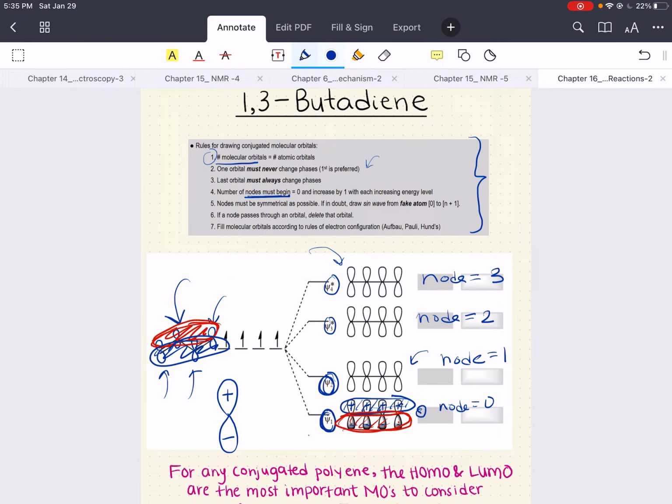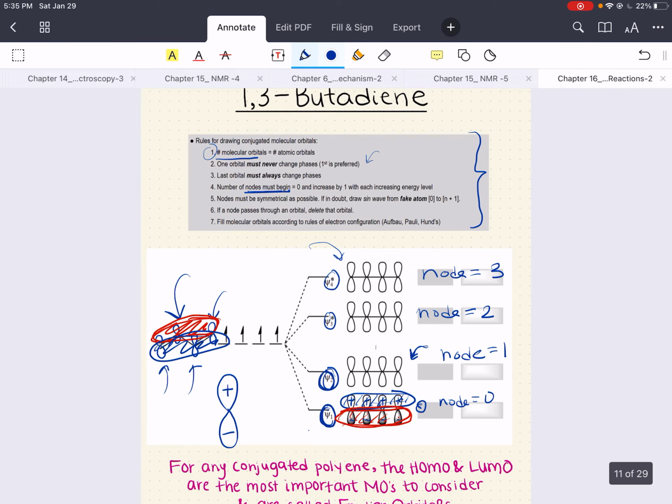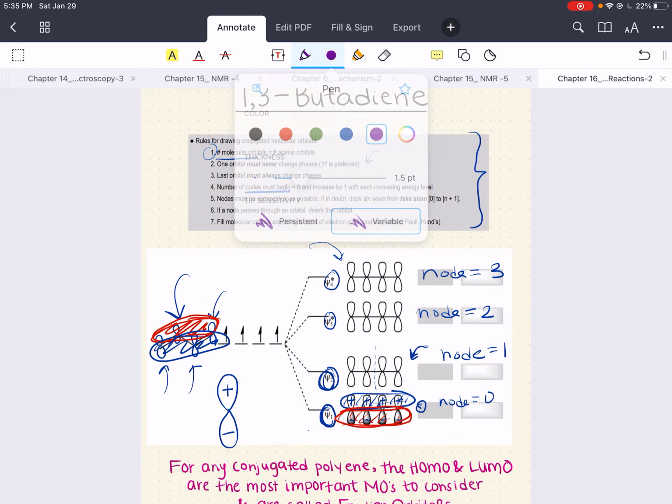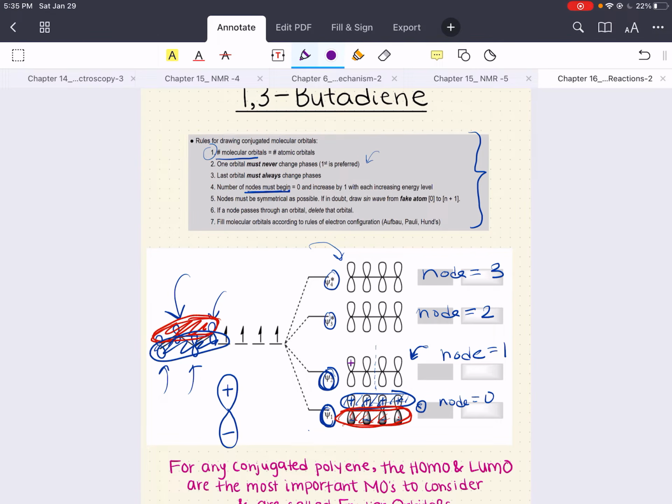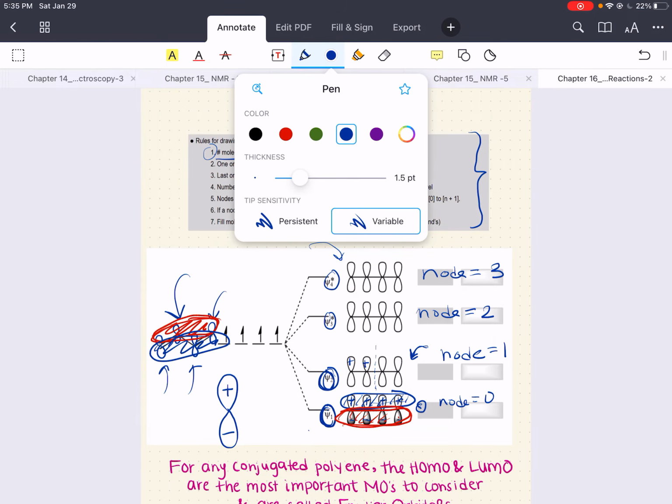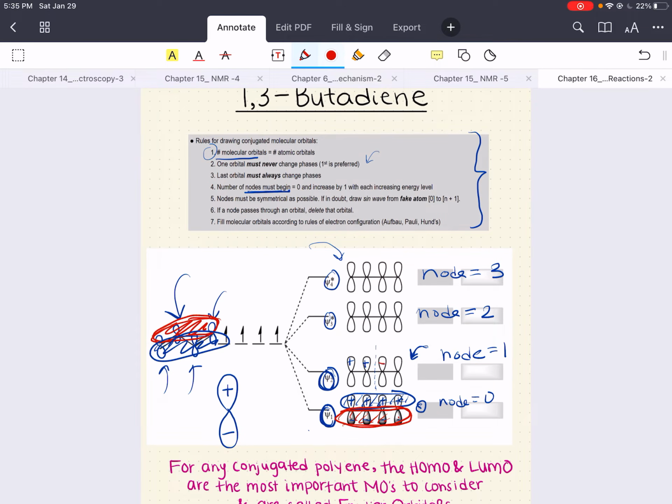That means that somewhere in this drawing, some phases have to switch. If we have 1 node, we're going to cut this in half. Let's do blue. The top phases for these 2 p orbitals are going to be plus, plus, but then they're quickly going to switch to minus, minus.